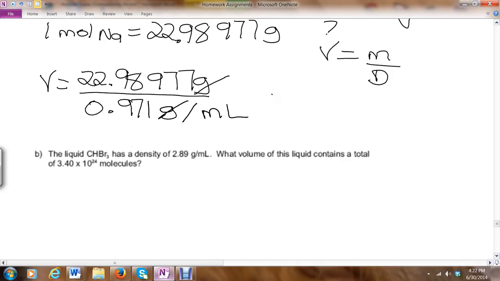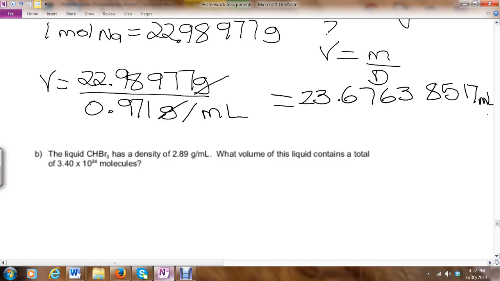Grams with grams cancel out, and it's going to be 22.98977 divided by 0.971, and the molar volume of sodium metal is going to be 23.6763817 milliliters.